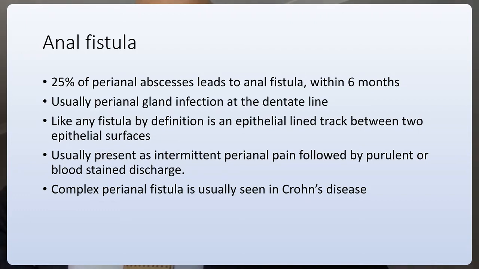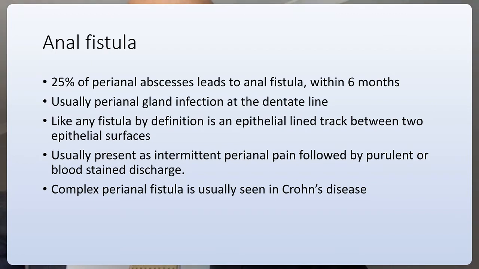Now, we need to be sure that everyone knows what fistula means, the definition of fistula in general, not only in the anal canal. It's defined as any epithelially lined tract that connects two epithelial surfaces, and these epithelial surfaces can be skin and mucosa of the bowel, or skin and mucosa of the stomach, skin and mucosa of the esophagus, and so on and so forth.